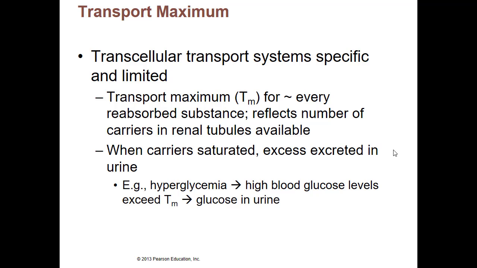But two, they urinate often, because that sugar, that solute, holds on to the water. And so if there is solute in here, additional water is going to be in there. They urinate a lot, and there is glucose in their urine, because there's so much glucose. All of those carrier channels are full. And so when all your carriers are saturated, when they're all full, and you can't reabsorb anything else, it ends up in your urine.